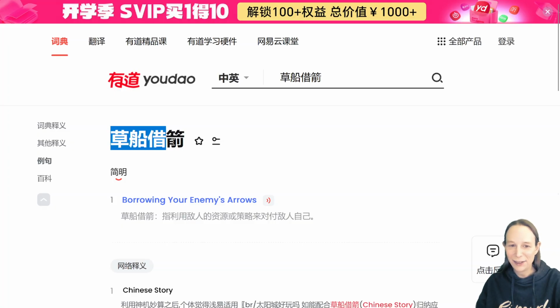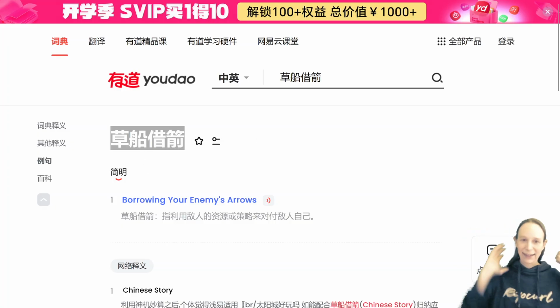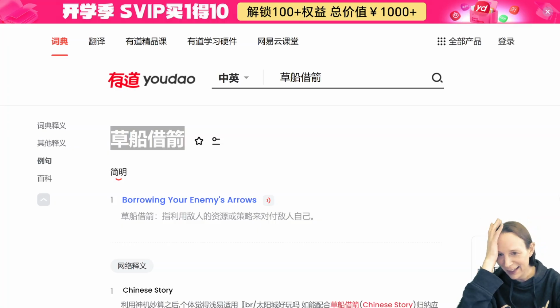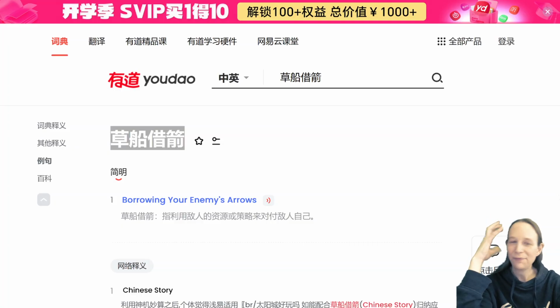It tells the story of Zhuge Liang. Someone didn't like him, I forget who, and tasked him with providing an absurd number of arrows for the army. And instead of setting off to make the arrows, he just chilled.